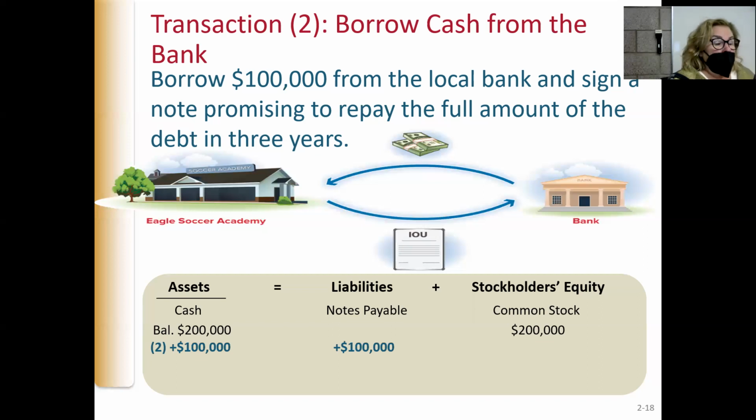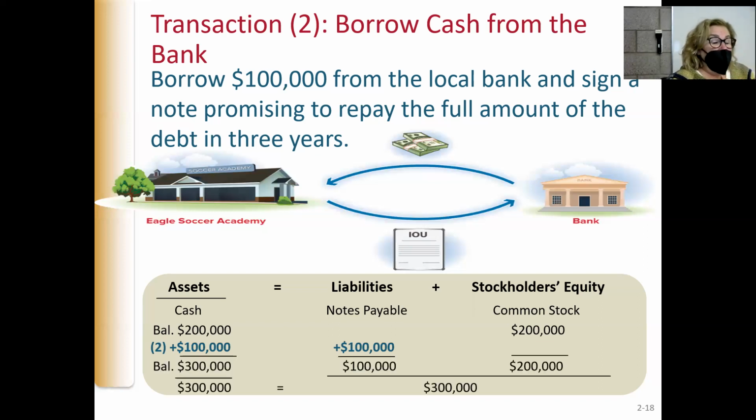Okay. Do we still balance at the end? Do you see how our assets now are at 300,000 and our liabilities plus our stockholders' equity are also now at 300,000? Aren't they? We balance.